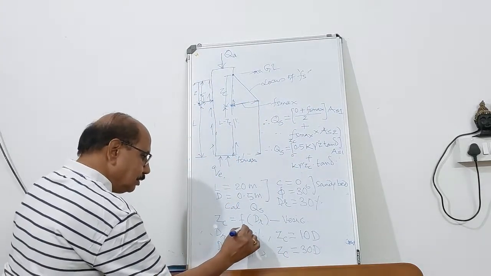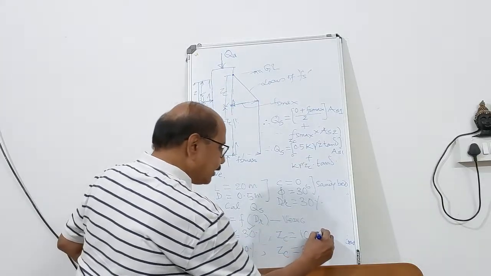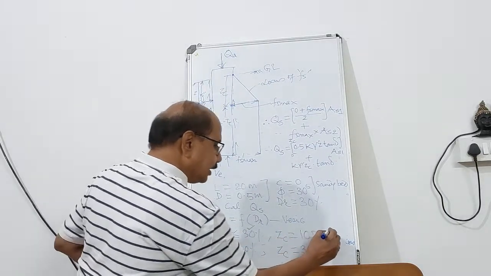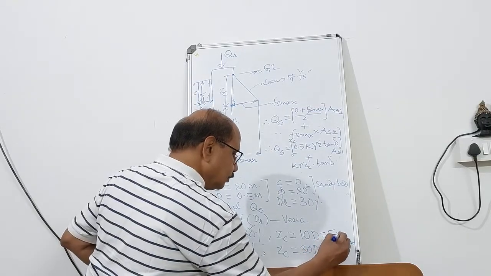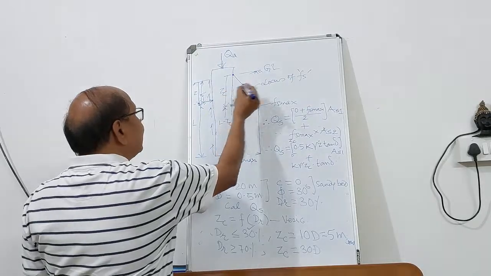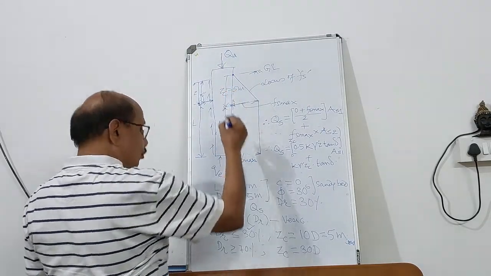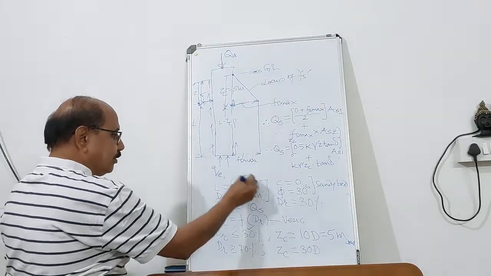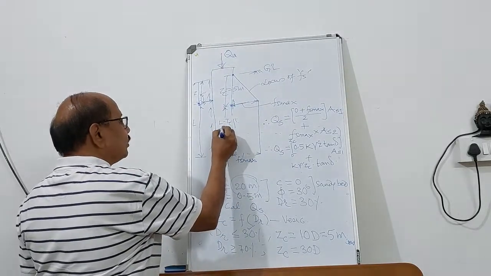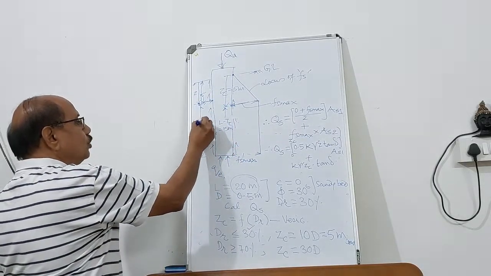Then, because the relative density is 30%, Z critical will be 10 into 0.5, that is 5 meter. So your Z critical can be computed, this becomes 5 meter. And what is the total length of the pipe? 20 meter. So remaining 15 meter, L minus Z critical equal to 15 meter.